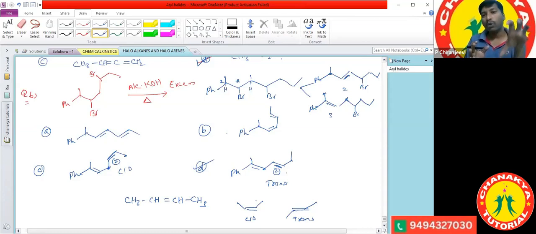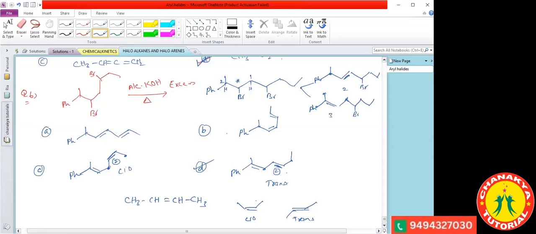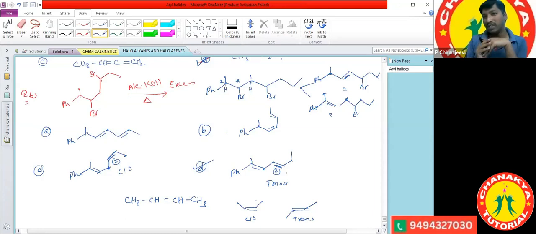Almost all of the 5 to 6 questions we have seen in JEE are conversion based only. Even in NEET they're asking conversion based questions only. Some questions are theoretical based. Samhita, you got my point or not? Yes, sir. Okay, so that's why it's better to practice more questions.